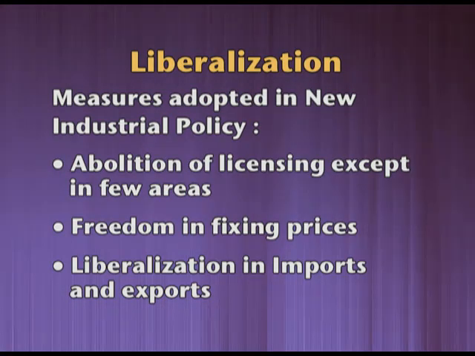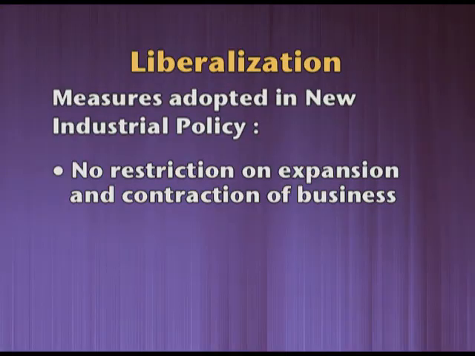The next reform that took place in New Industrial Policy was the liberalization in imports and exports. The automatic approval is given to all the industries which are in need of high-tech machines from foreign countries. The next reform was no restriction on expansion and contraction of the business. Earlier, if the organization wanted to increase the business, they were not allowed. If they would like to decrease the business, they were not allowed.